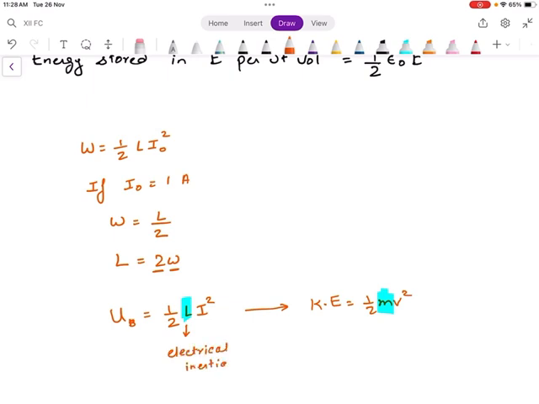Why? Because it does not want any change. If current is increasing, it doesn't want it to increase. If current is decreasing, it doesn't want it to decrease. So it is similar to m, which is the mass or inertia in motion. L, inductance, is called the electrical inertia. It opposes any change in the magnetic flux or any change in the current in the circuit.